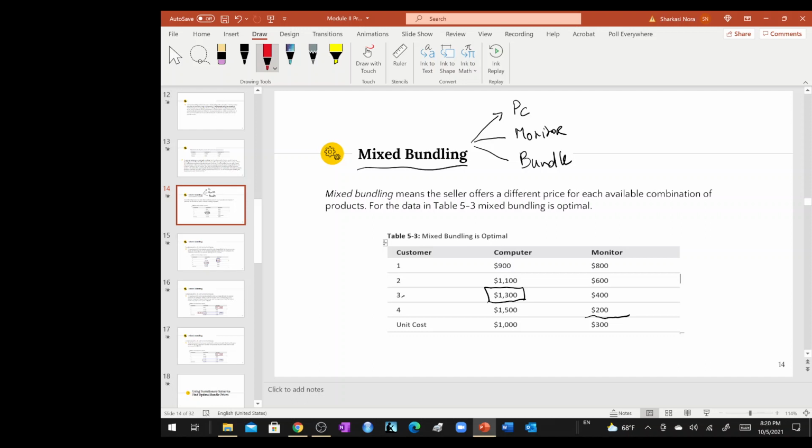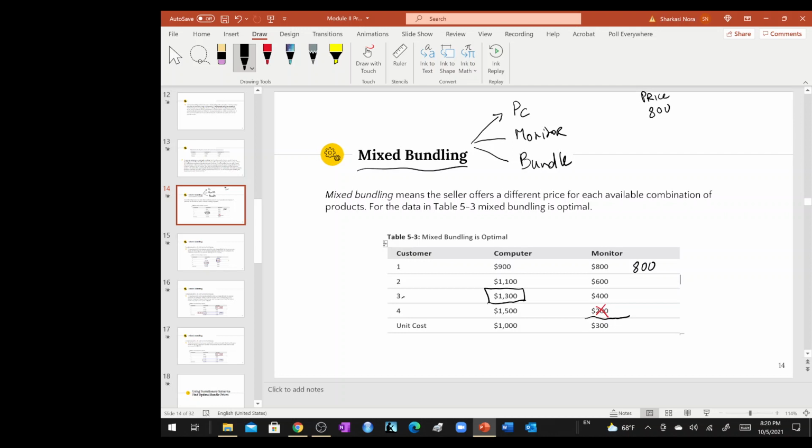Okay, I hope that you paused me enough to check your answers with me. First of all, we need to cross out this because this is less than the cost. Then, if we price at 800, only one segment will buy. So at the price of 800, the potential profit will be 800 minus 300 because you're selling only one unit, and that will be $500.